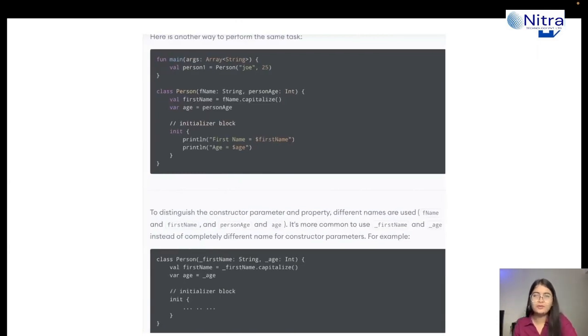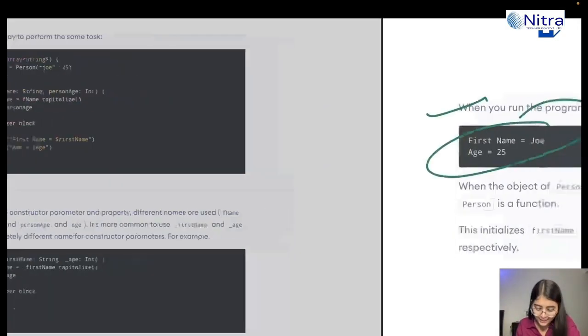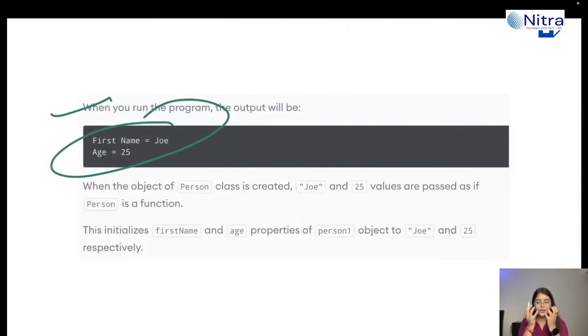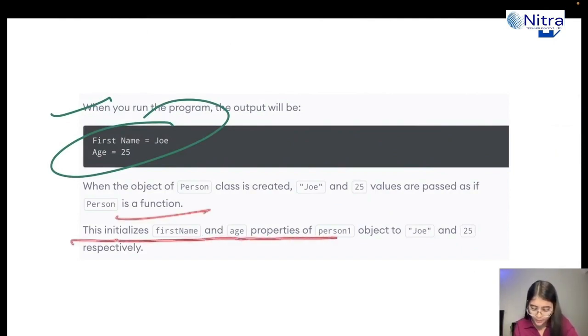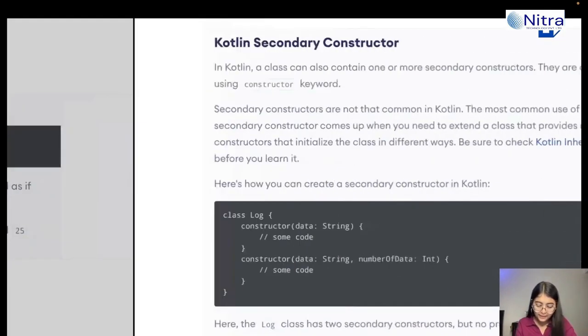That's the beauty of classes and objects in Kotlin. We created the class in the way a function is created, and that's why it was able to accept the values when we passed them while creating the object. This initializes the firstName and age properties of the person1 object to Joe and 25 respectively.